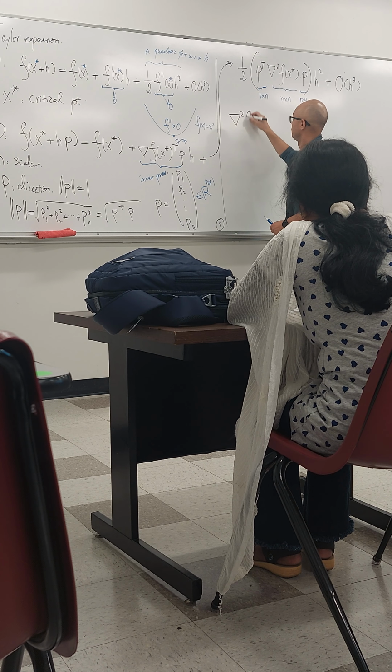So now it actually goes back to what we learned back in high school. That is, if we want a quadratic function to be always greater than 0, think about this.